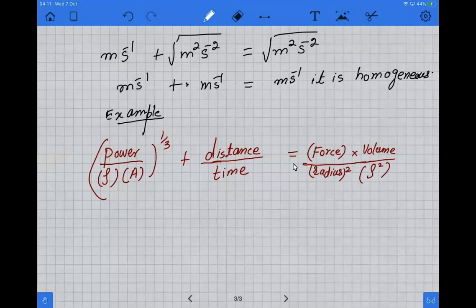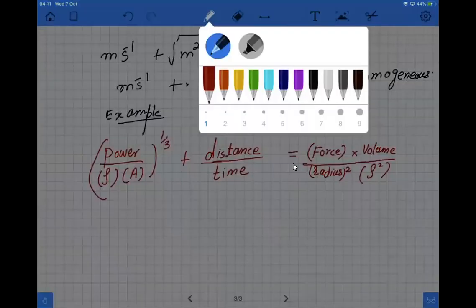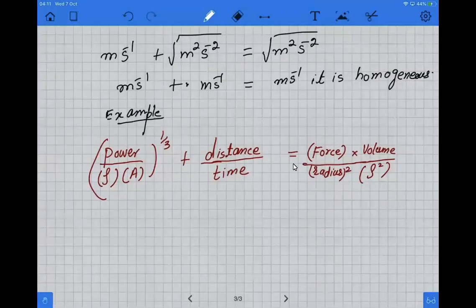The first step would be substitute the units. What is unit of power?